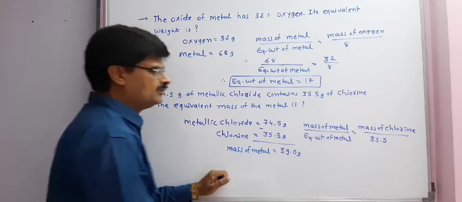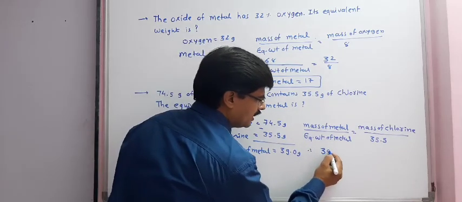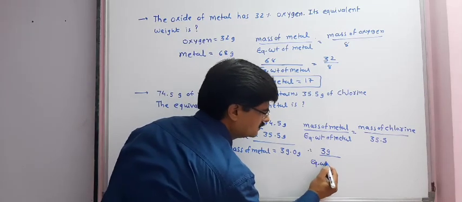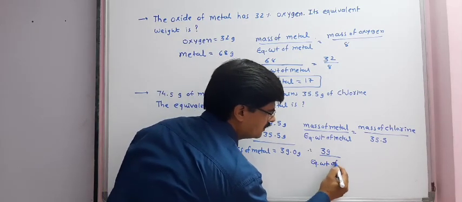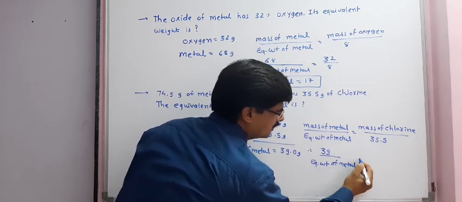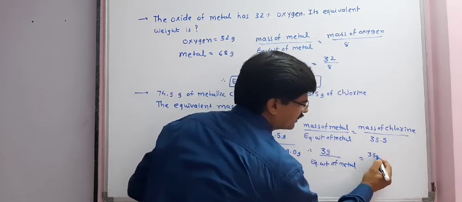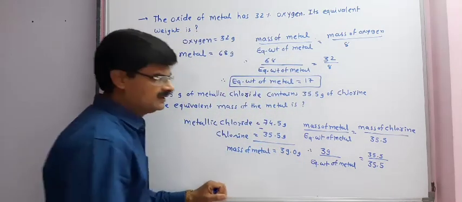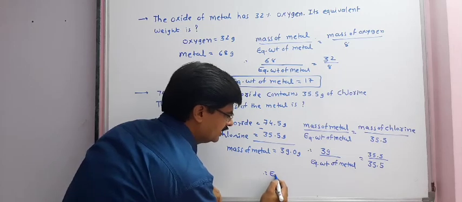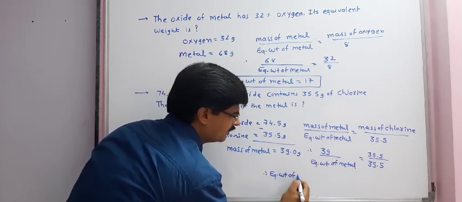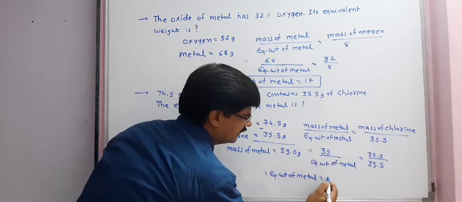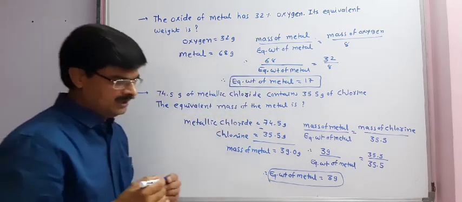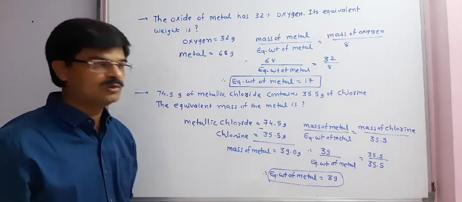Keeping the values, mass of metal 39 upon equivalent weight of metal is equal to mass of chlorine 35.5 divided by 35.5. On simplification, we will get equivalent weight of metal is equal to 39.